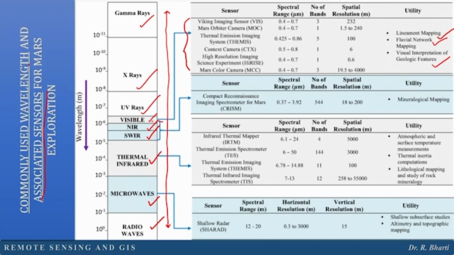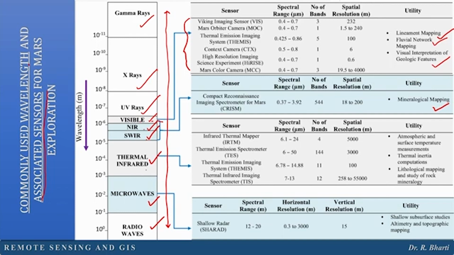Whereas visible, NIR and SWIR, if used together, can be used for mineralogical mapping. Here I am not talking about the method, whether it is multispectral, panchromatic or hyperspectral. I am talking about the wavelengths which can be used for different applications.